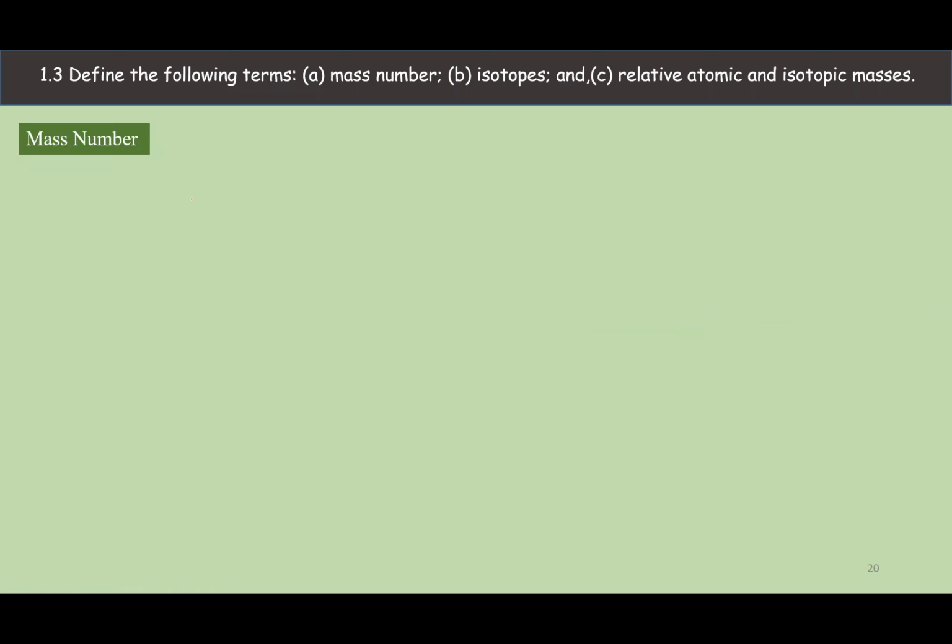Okay, so we'll stop here for tonight, but just to recap something else. If I have an element, and that element is magnesium, I have an atom of magnesium and another atom of magnesium.